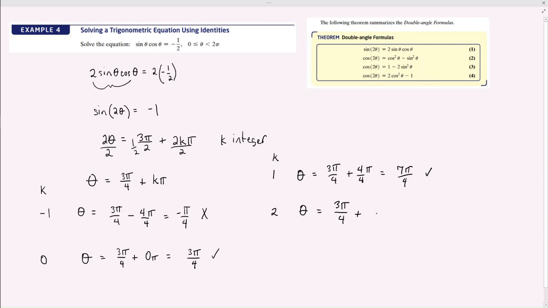Alright, I'm making k 2, so I'm going to write 2 as 8 over 4 to keep the common denominator, and sure enough that becomes 11 pi over 4, and that's beyond 2 pi, so we're done. And we don't have to look any further. Our solution between 0 and 2 pi is 3 pi over 4 and 7 pi over 4.